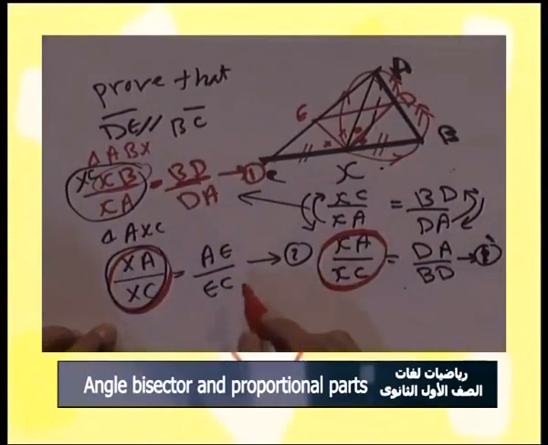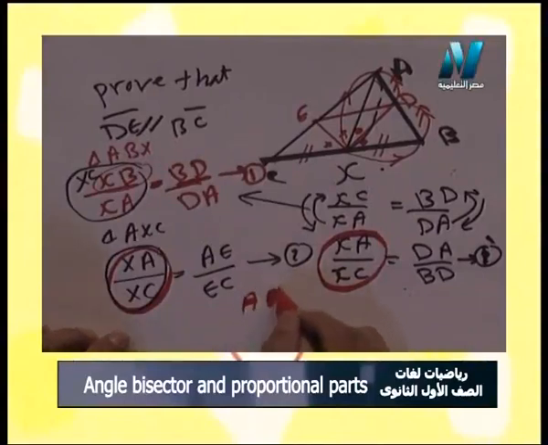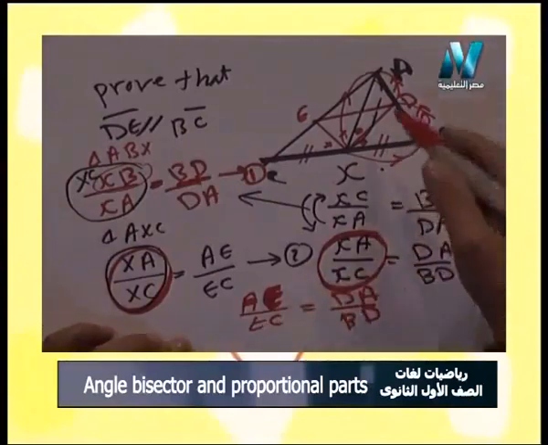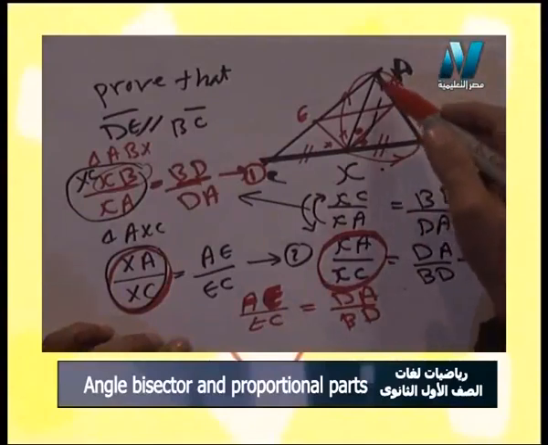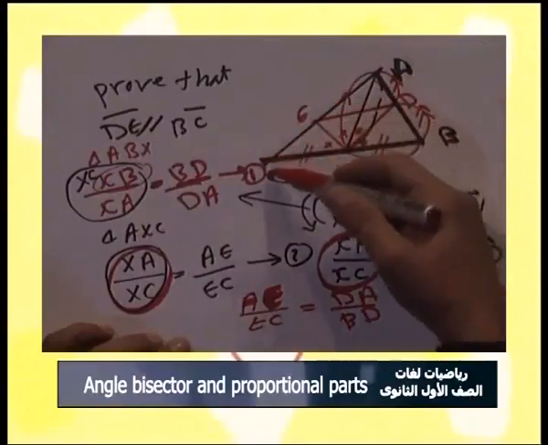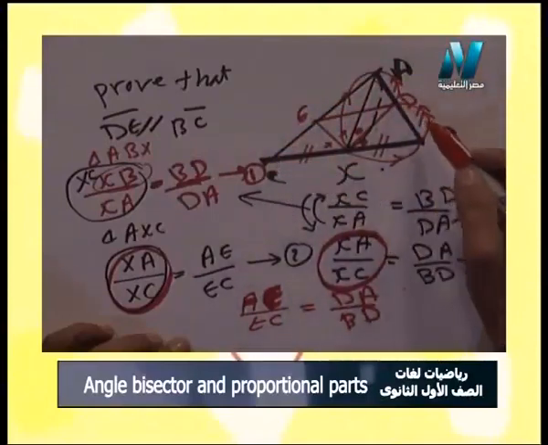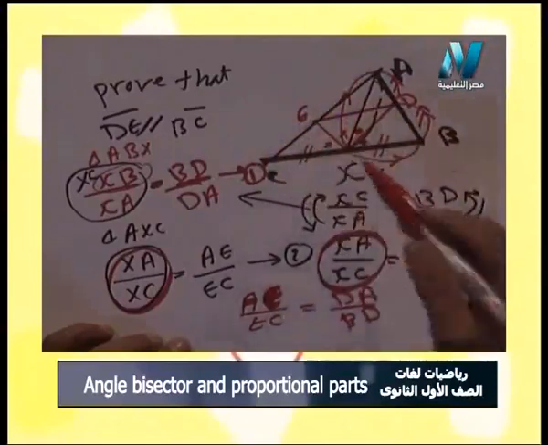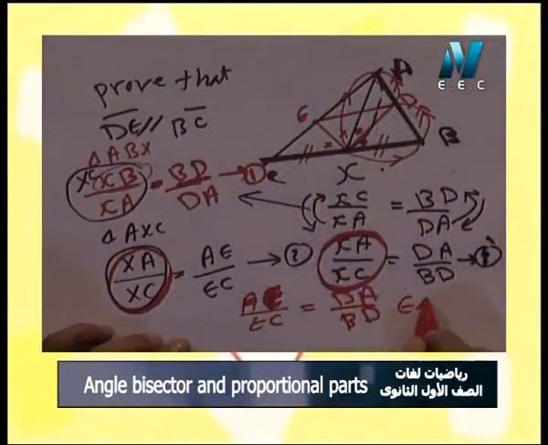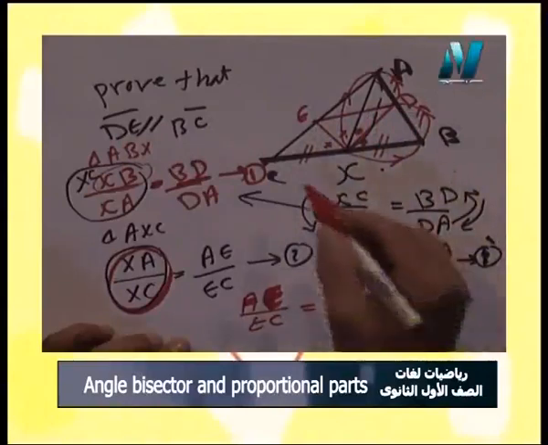So AE over EC equals DA over BD. We find AD over DB equals AE over EC. If AD over DB equals AE over EC, we can deduce easily that ED is parallel to CB.